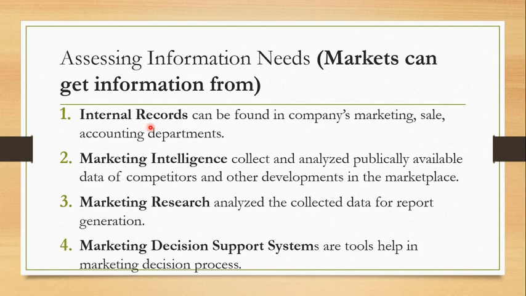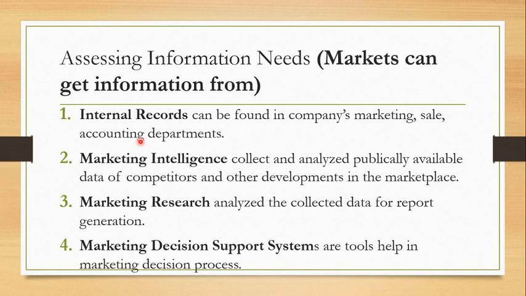If any company wants to plan the production, it can take help from the internal records, from the records which they have in terms of sales figures, profitability, availability of resources and the demand. Now, take the example of a company planning to launch different colors of a mobile phone.